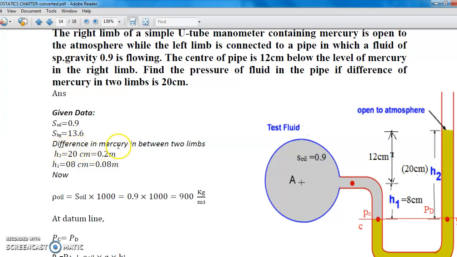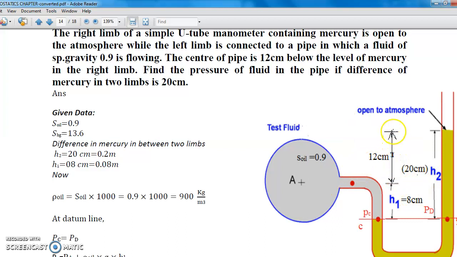The difference of the mercury in the two limbs, that is H2, is 20 centimeter. So what to do? You have to convert centimeter to meter, divide by 100, then it will come to 0.2 meter.